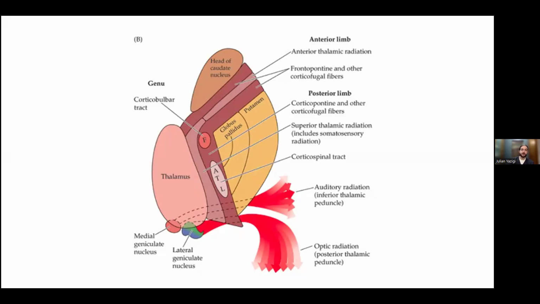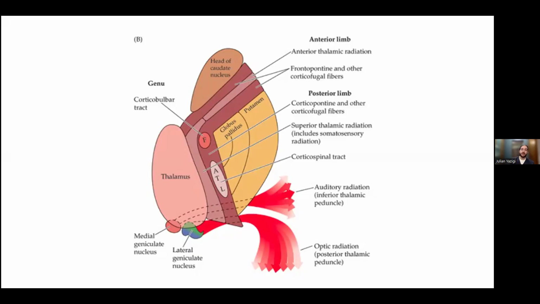It also contains ascending thalamocortical sensory fibers traveling from the ventral posterior thalamic nuclei to primary somatosensory cortex, and their close proximity to corticospinal fibers explains why lacunar strokes can produce combined motor as well as sensory syndromes.